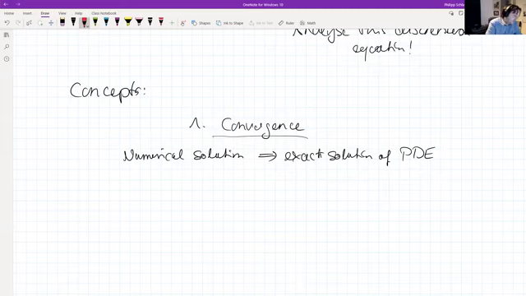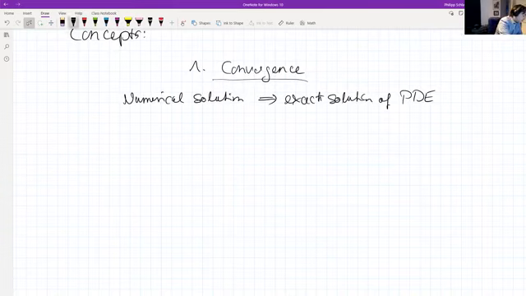So the way to do that is actually to not show convergence directly, but rather to make a slight detour and show 2 other concepts, which we'll also discuss now, which then imply convergence in the end.